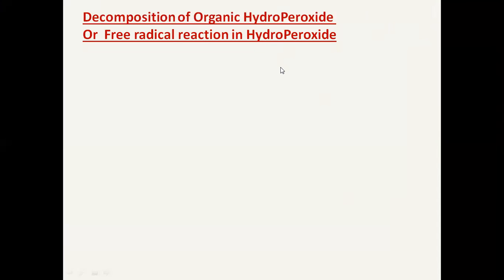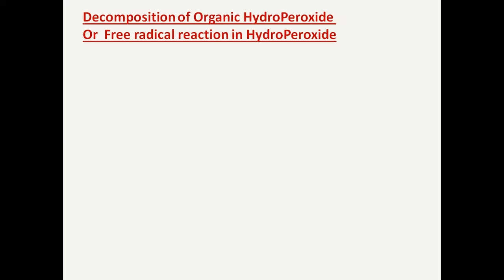In this lecture we will learn about different precursors, different organic compounds and molecules, and how they undergo decomposition in the presence of certain initiators, say sunlight or high temperature.